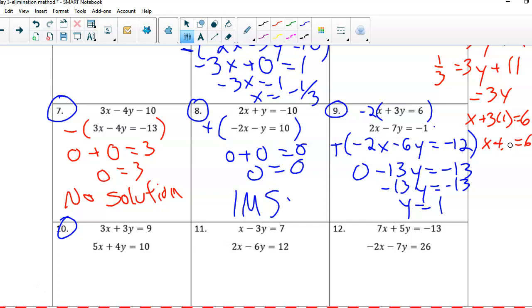That should just say 3. It looked like a negative, but it was just 3. What does x equal? 3. So our solution is what? 3, 1.